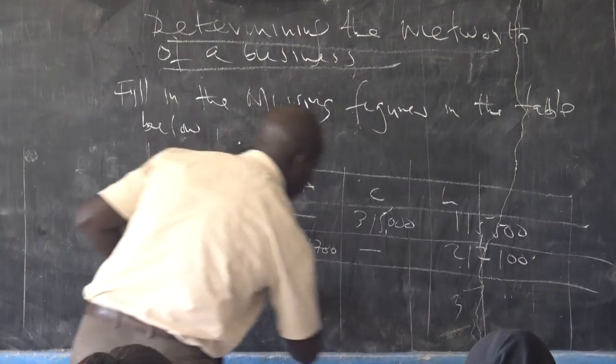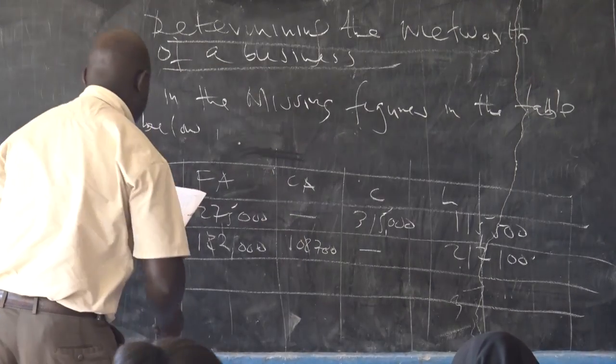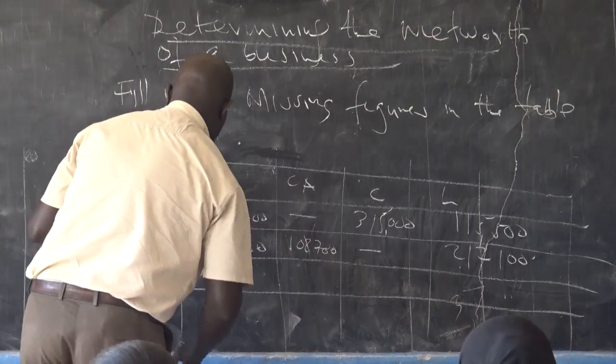For C, we've not been given fixed assets, so it's a dash.